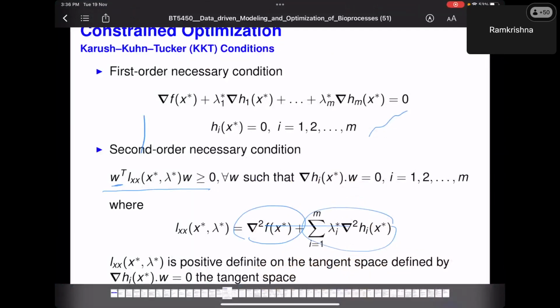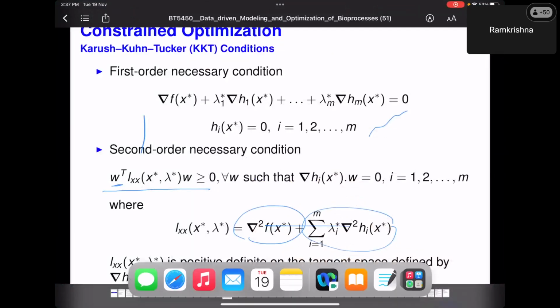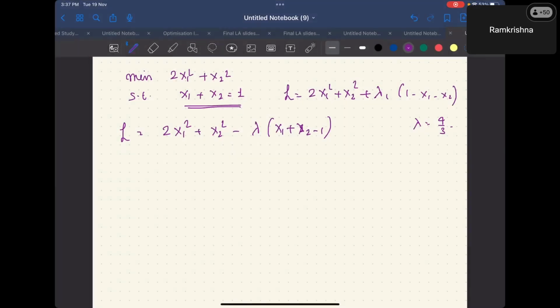I'm looking at the gradient of the Lagrangian with respect to x, so gradient of f plus lambda gradient of h at x star equal to 0. Let me compute the gradient of this. I have twice x1 minus lambda, no, not twice x1. This will be 4 times x1.